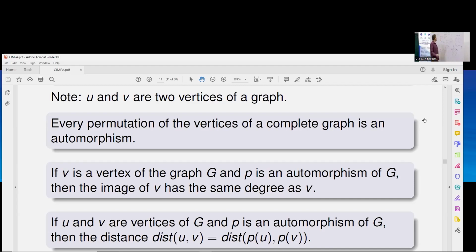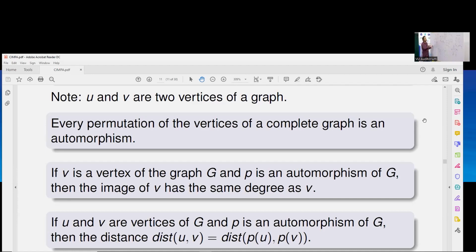So if I have this graph, the distance between these two vertices is 2. So even if you take some automorphism of the graph, the distance between the new vertices which are representing u4 and u2 will still be 2.